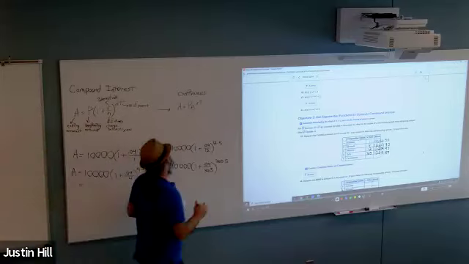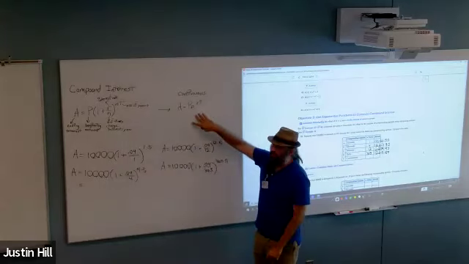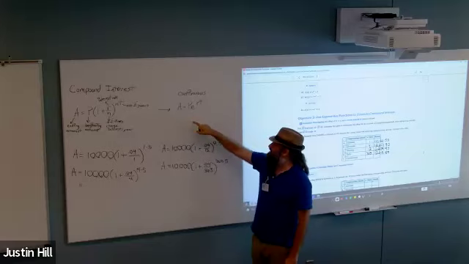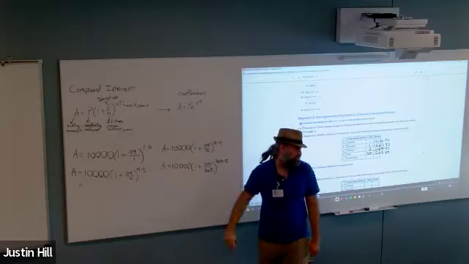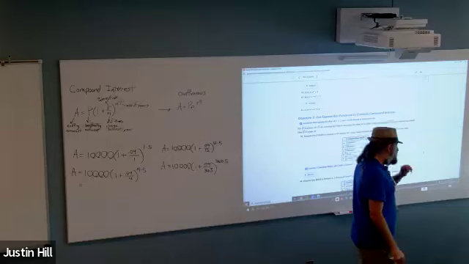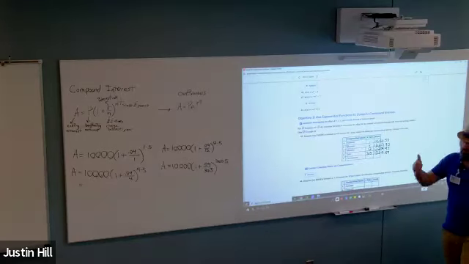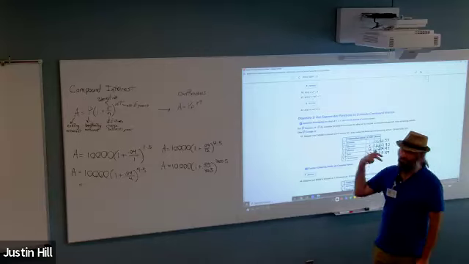Notice this is similar, but there are some differences. You still have the end amount and the beginning amount. This e here is what they call the natural number. The natural number comes up a lot in biology, chemistry, physics, finance.